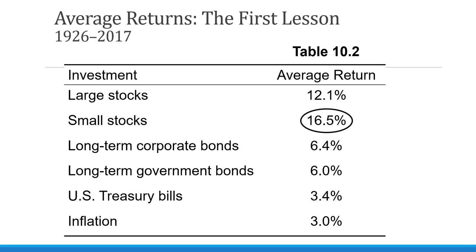This next slide looks at the average returns for the stock market investments as a whole from 1926 to 2017. There are many more charts and graphs in your textbook for Chapter 10 that show how the stock market has changed during that time period, the rate of growth, and you can see a linear graph across those 92 years showing the growth of stocks.